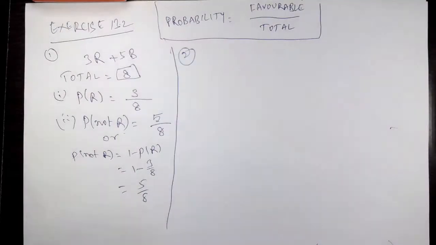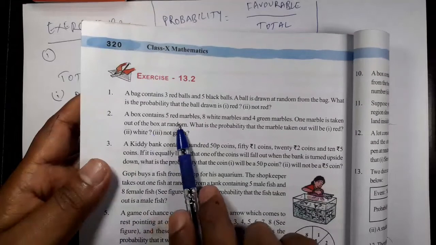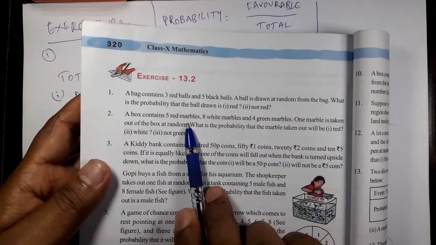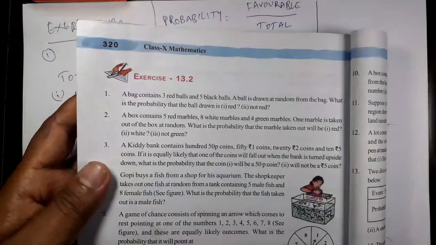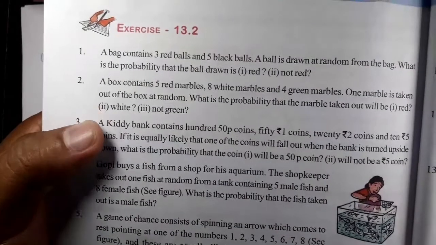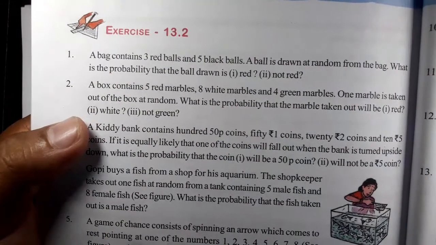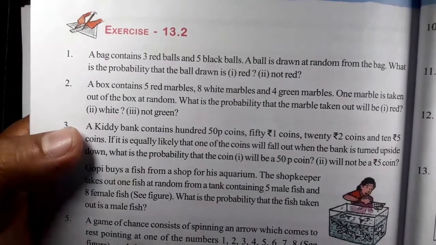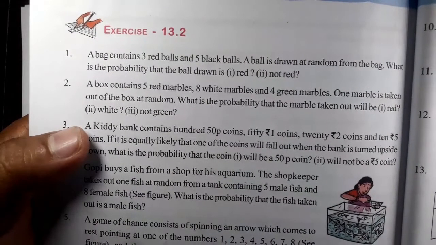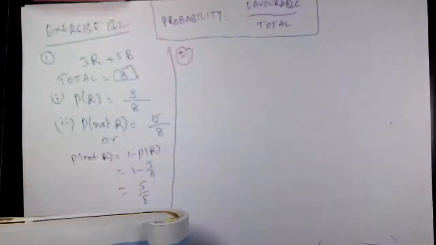Now coming to question number 2. A box contains 5 red marbles, 8 white marbles and 4 green marbles. One marble is taken out of the box at random. What is the probability that the marble taken out will be red, will be white, will be not green? That is the question. Of course, it has 3 parts.